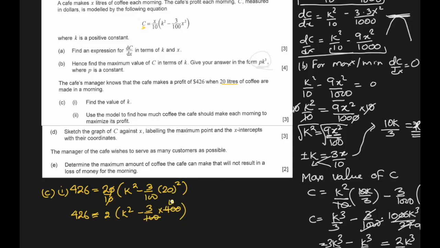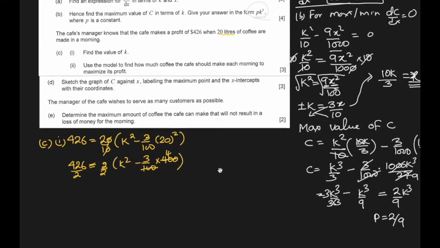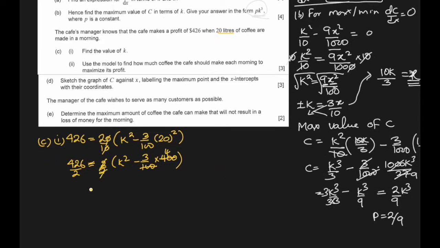This cancels. Rather, we can also divide both sides by 2 so that we get a simpler form. 213 equal to k square minus 12, and now we can add 12 to both sides. 225 is equal to k square. k has to be positive, so k is the square root of 225, which is 15.